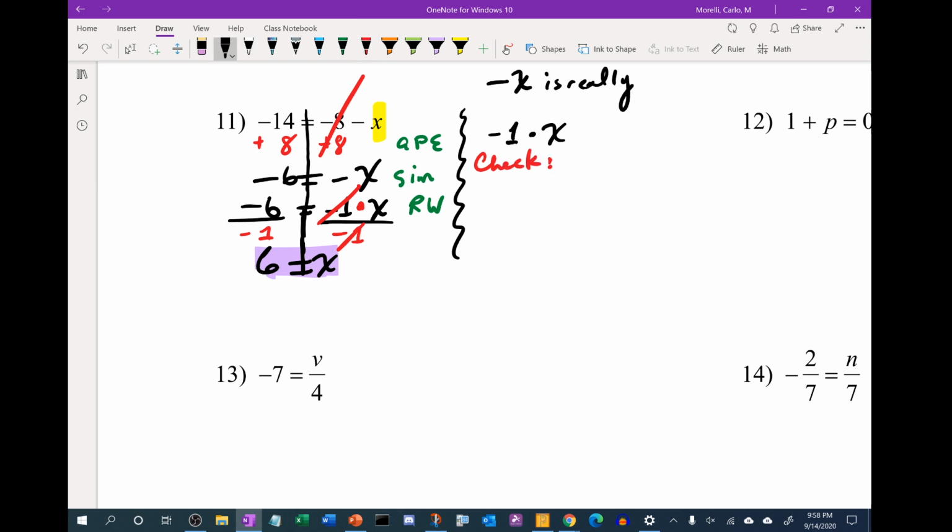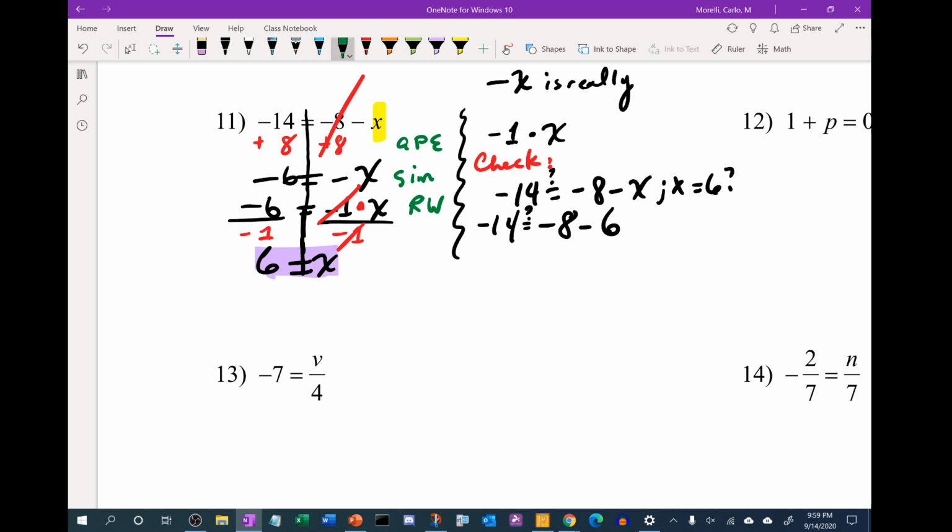The question is, does negative 14 equal negative 8 minus x, where x equals 6? Well, let's substitute and find out. We got negative 14 equals negative 8 minus 6. And is that true?